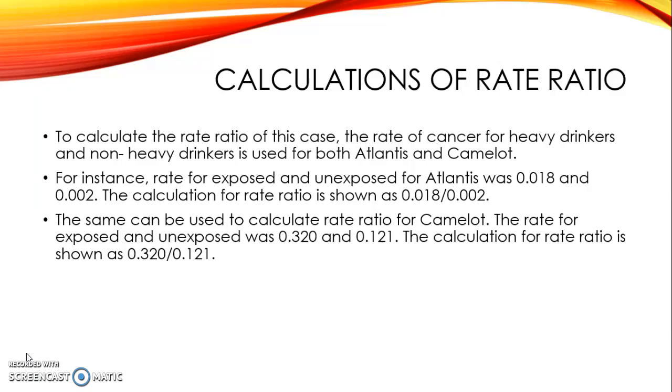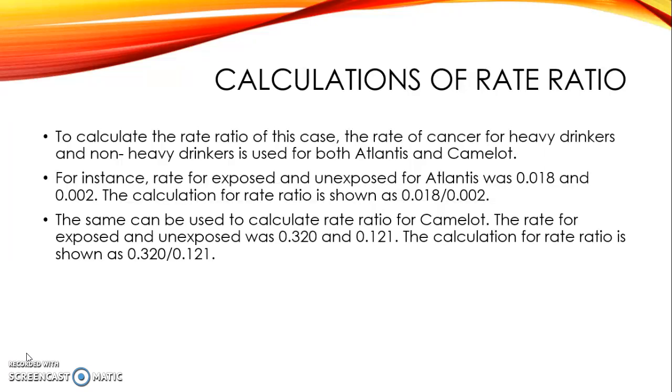And so calculating the rate ratio, in this case, the rate of cancer for heavy drinkers and non-heavy drinkers is used for both Atlantis and Camelot, which were the two graphs shown in the previous slides. For instance, the rates for exposed and unexposed for Atlantis were 0.018 and 0.002.